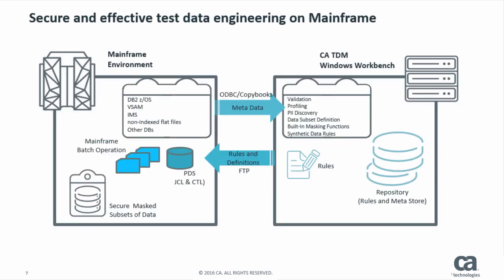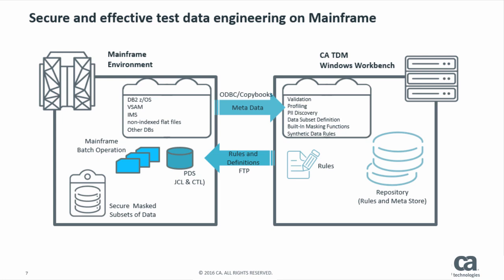So as this is focused mostly on mainframe z/OS, let's take a closer look then at the process of being able to manage that data in situ on the mainframe environment. So we can access things such as DB2 z/OS over ODBC.